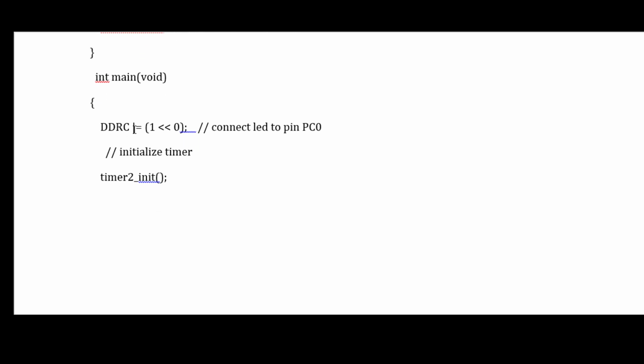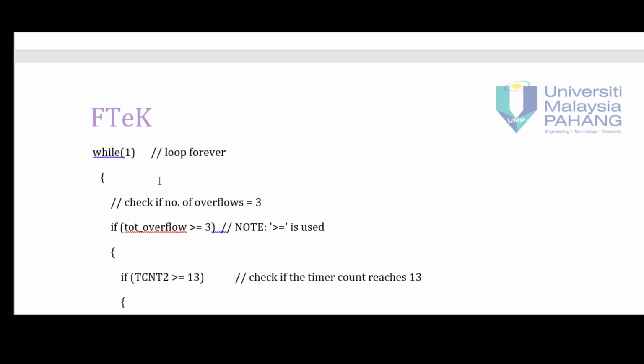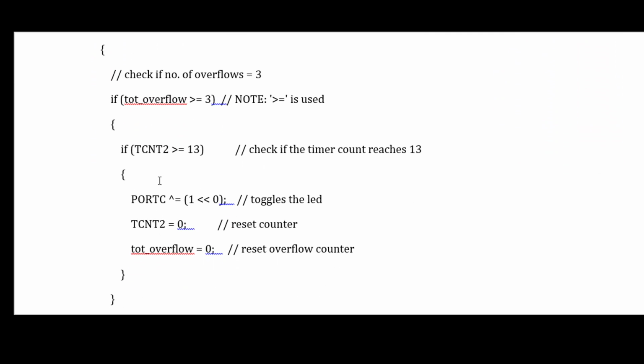Now, in our program, we make DDRC bit 0 an output. We call the initialization function. And this is our main program. If total overflow is greater than or equal to 3, that means we counted 3 overflows.